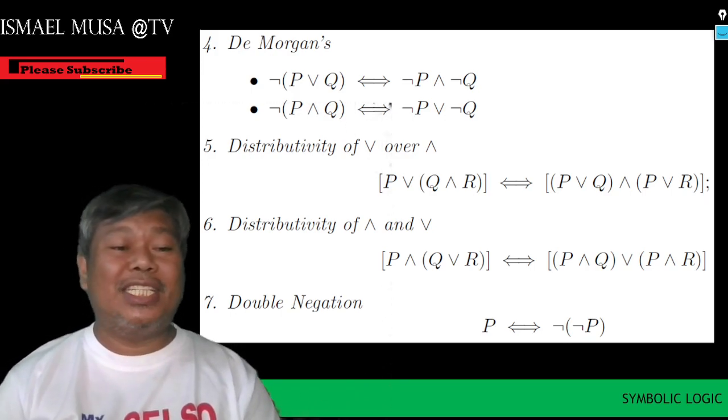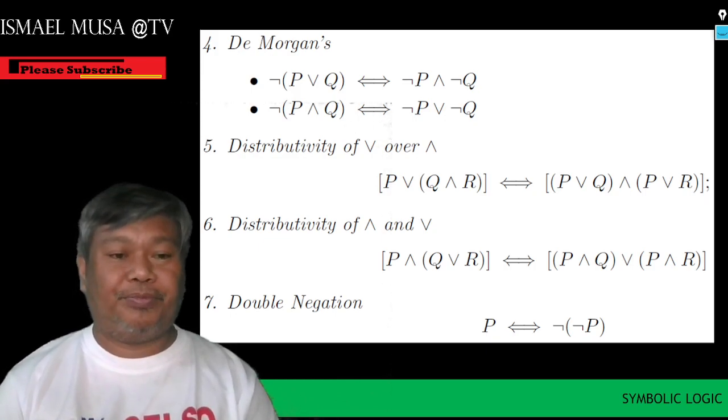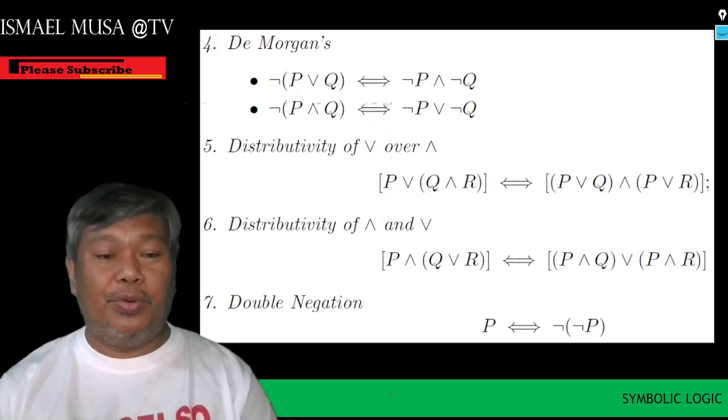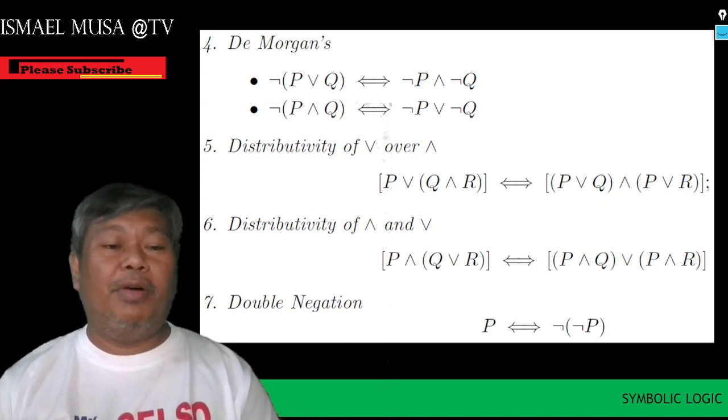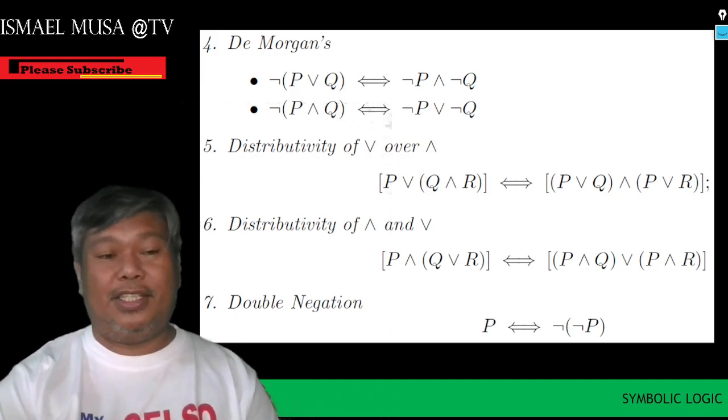So we have also distributivity of and over or. Okay, so we have P and Q or R. So we distribute first P and Q, then an or, P and R. Okay. Double negation. So P can be written as the not of not P. We call that double negation.